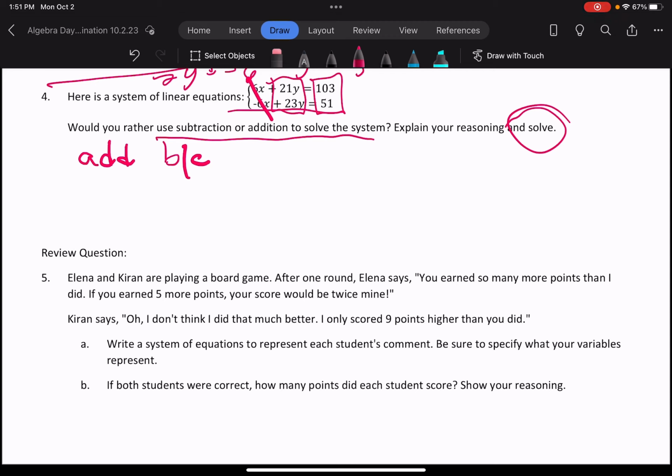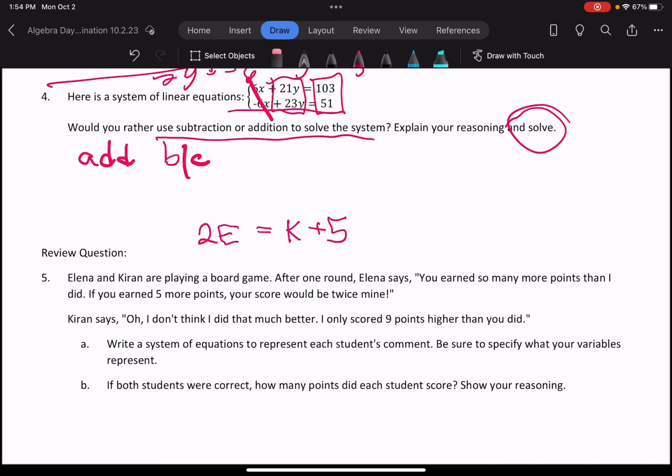Show your reasoning. All right, so Elena says, you earned so many more points than I did. If you earned 5 more points, your score would be twice mine. So that's saying that 2 times Elena's score would be whatever Kieran earned plus 5.